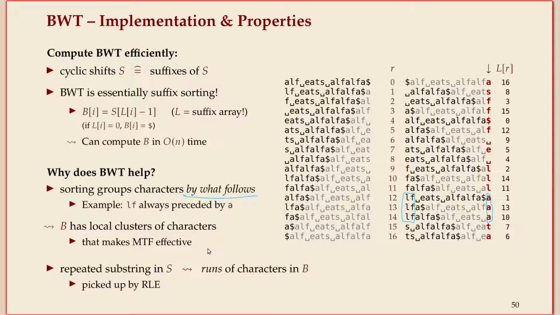Well, if there are other characters that can come after TH, like A, then the BWT is still able to make that more effective by leading to local clusters of characters. So it groups characters together by what can come after them. And let's do another example here.